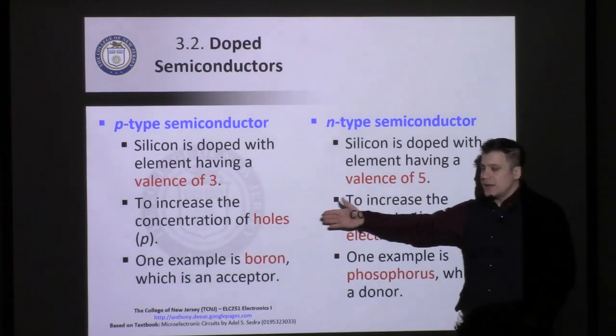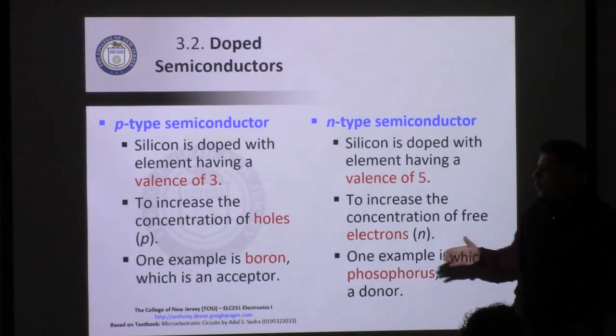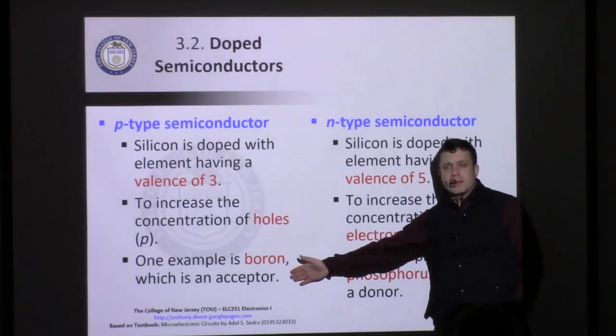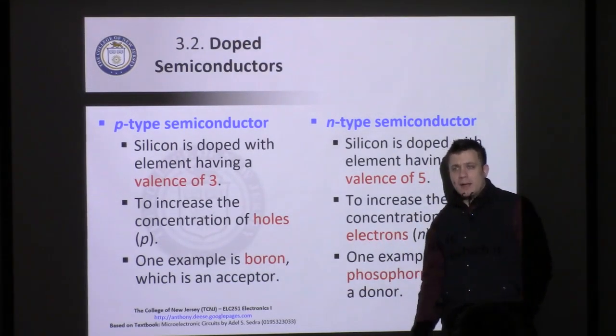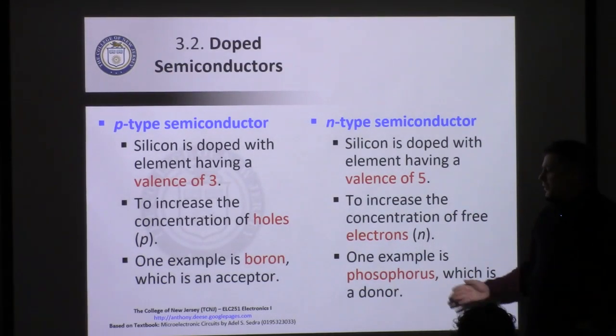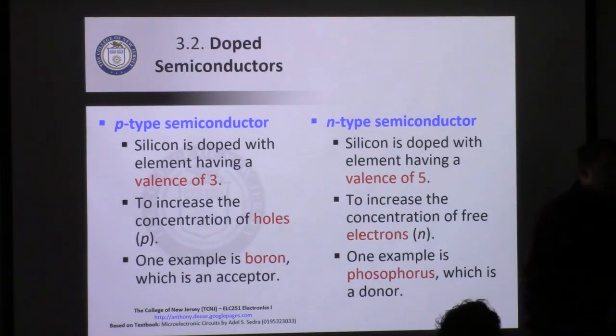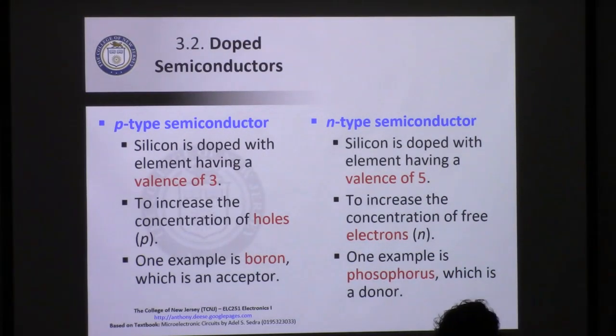Again, both of these have a similar effect on conductivity. One example we can use for the P-type semiconductor as an impurity is boron, and one we can use for the impurity in the N-type is phosphorus, because they have the appropriate number of electrons in their outermost shells.